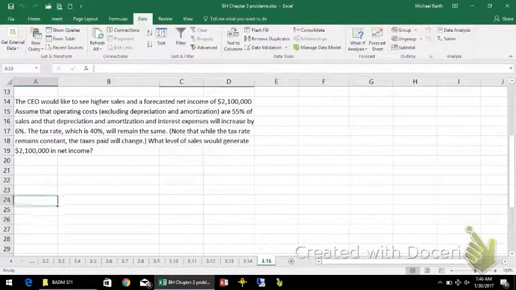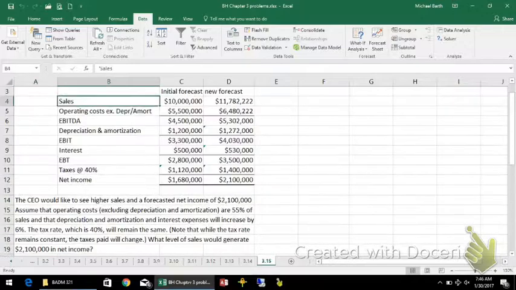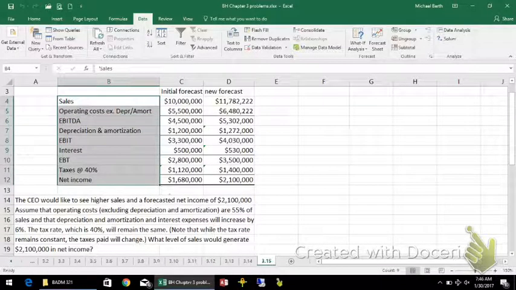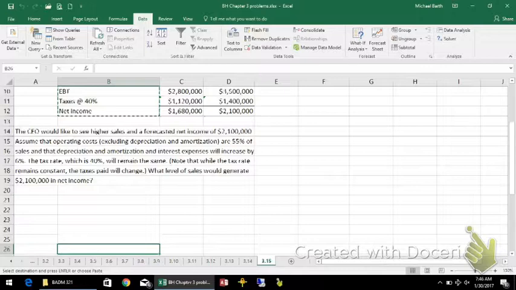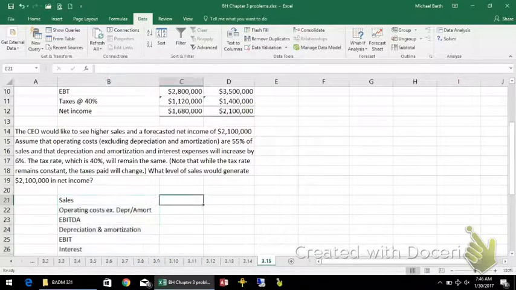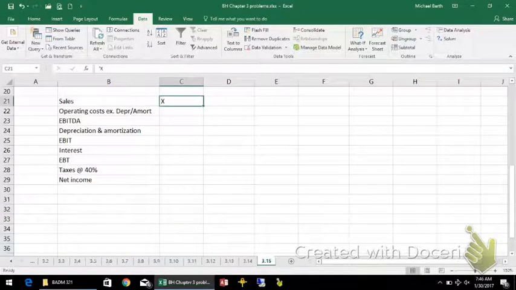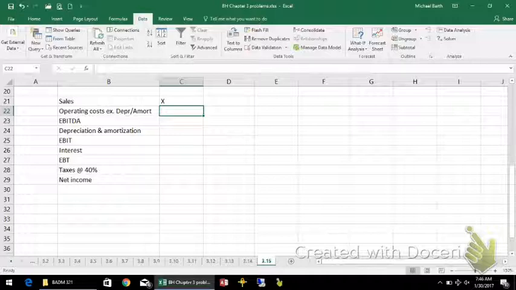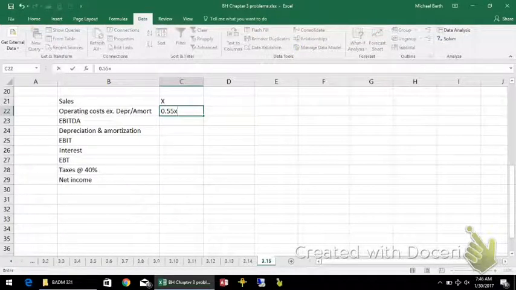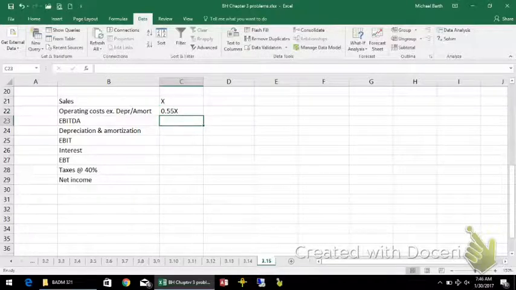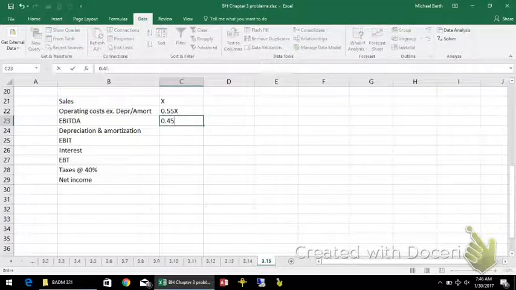Let's walk through this, though, using our God-given algebra talent. Whatever the new level of sales is, let's call it X. Operating costs are going to be 0.55X, which means that EBITDA will be 0.45X.